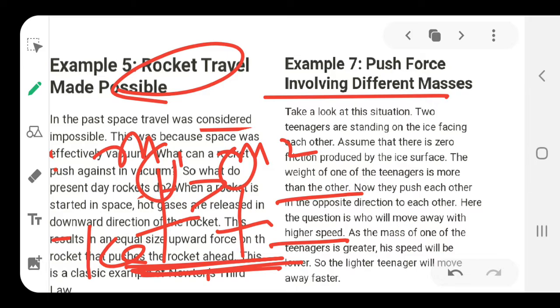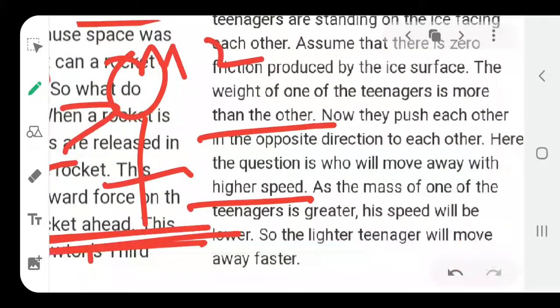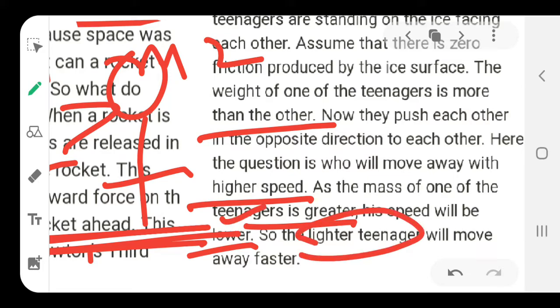The reason, they say, is that as the mass of one of the boys is greater, his speed will be lower, because we know that if mass is more, the motion put in the body will be less. So as the mass of one of the teenagers is greater, the speed is lower. So the lighter boy will move faster and farther away.